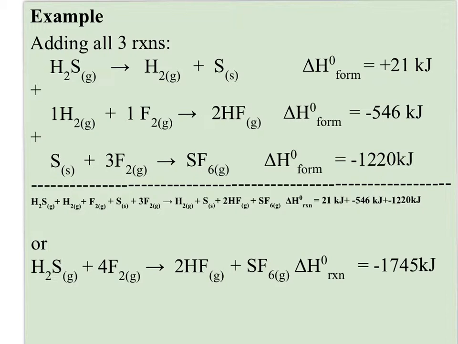So you see I am left with my reactants, H2S plus 4F2, when I add up my F2s. And it's going to yield 2HF plus SF6. So then my enthalpy changes have become positive 21, negative 546, and negative 1220. So my heat of reaction for this final desired equation is going to be negative 1745 kilojoules.